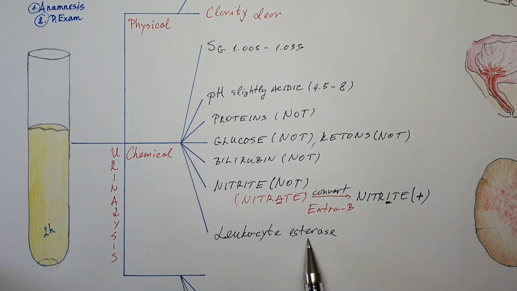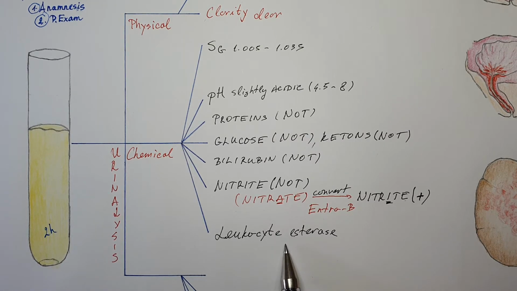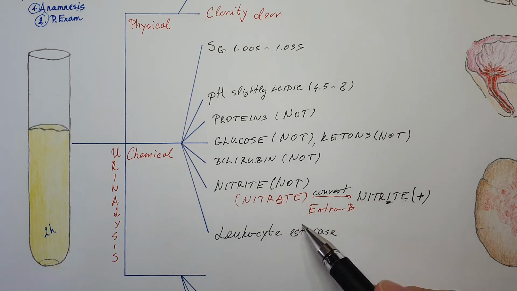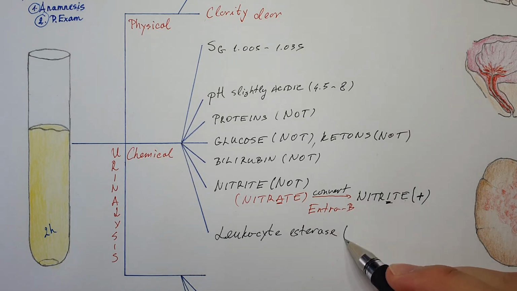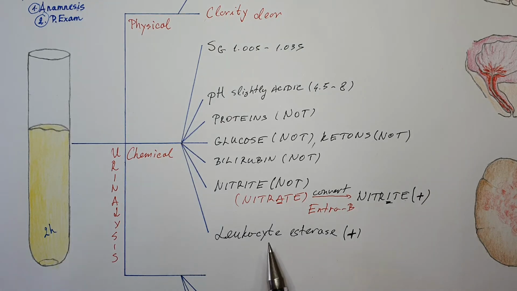This product is normally present, but it is not present in a high amount, and it will not be detected. But if we have infection, the leukocytes are producing it, and the leukocytes are being destroyed in the process of fighting the infection, and this will become positive. And when it is positive, we can assume that we have an infection and that our immune system is fighting off an infection.